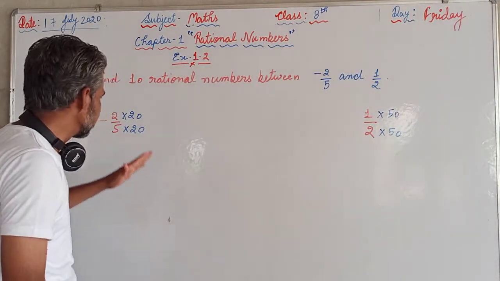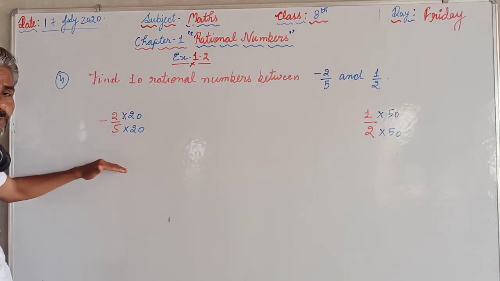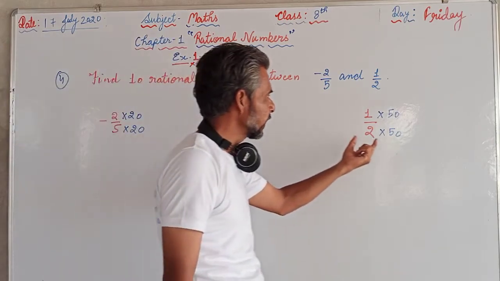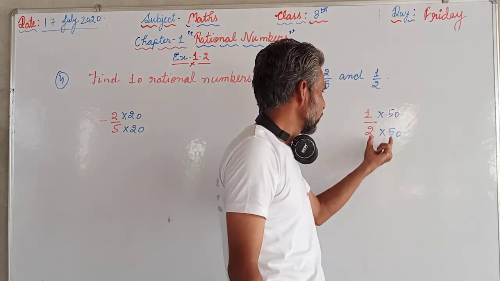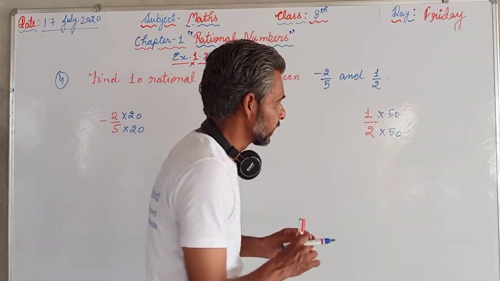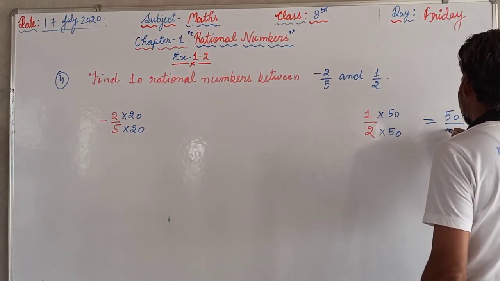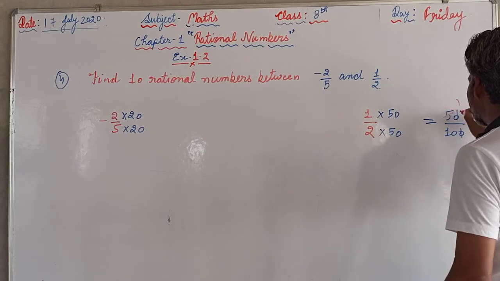But keep in mind, here we are multiplying both p as well as q by 20, so that the value should not change. Here we multiplied 50 above and 50 below, so the value will still be 1/2. We can check. So this will be 50 upon 100. 0 cancels out 0 and we can reduce to the lowest term.